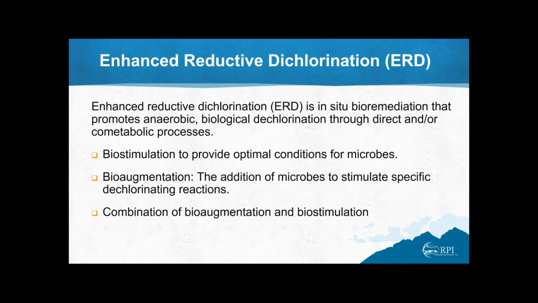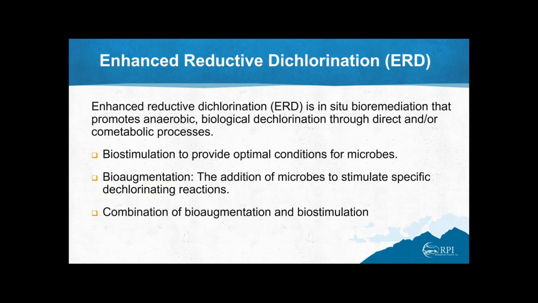The carbohydrates that we provide are fermented to produce these low molecular weight fatty acids, such as acetate, lactate, propionate, butyrate, etc., which in turn provide carbon and energy for the anaerobic bioremediation.